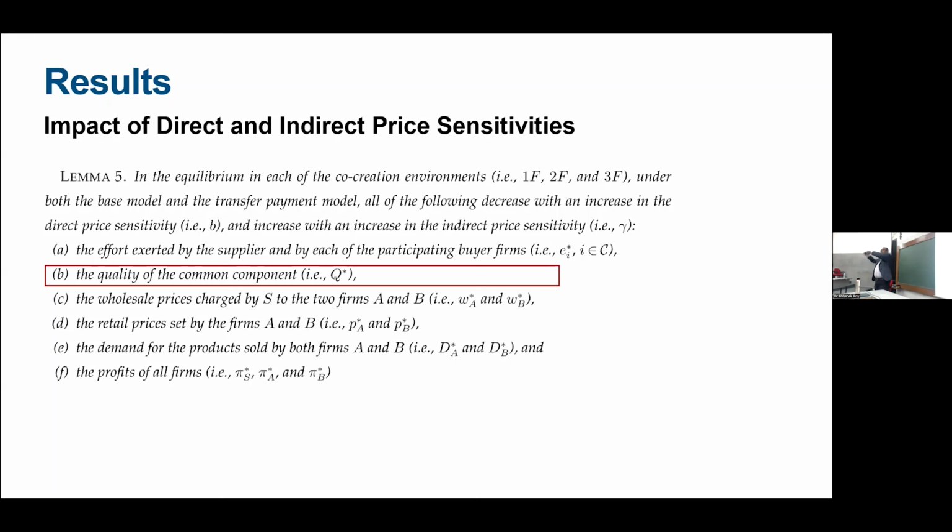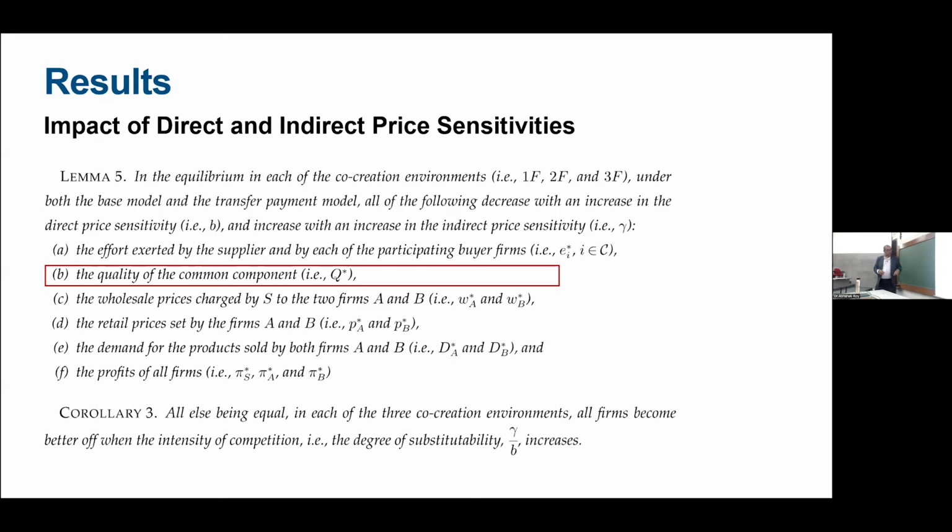In turn, customers are willing to pay more for the rival's price. What it means is that when companies become more competitive in this scenario, given that the market is expanding, there will be more collaboration. There will be higher quality produced out of collaboration.